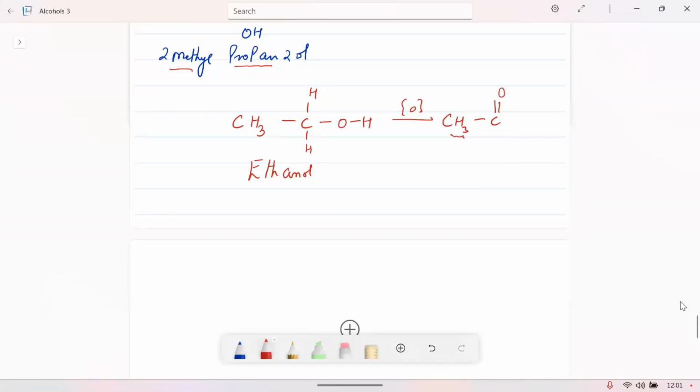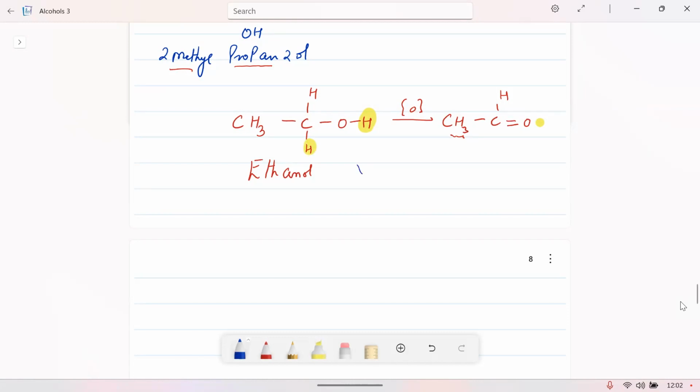Aldehyde means C double bond O and H. Now, if you observe, the hydrogen attached to the oxygen is removed, and one of the hydrogens directly attached to the carbon is also removed.